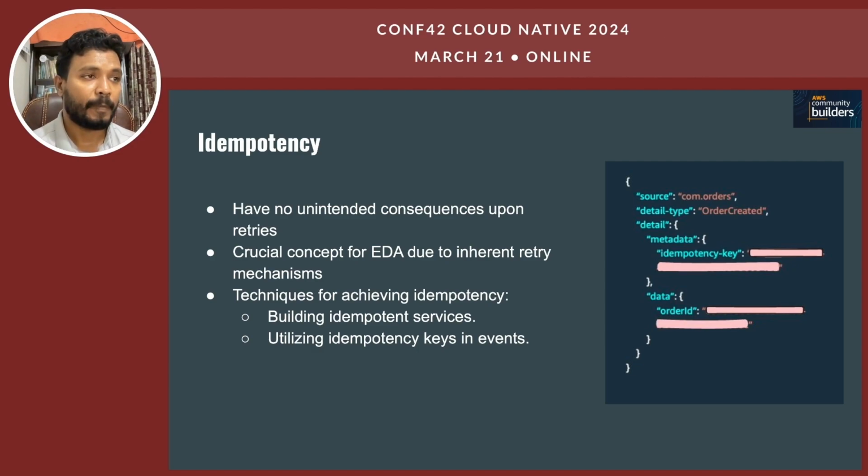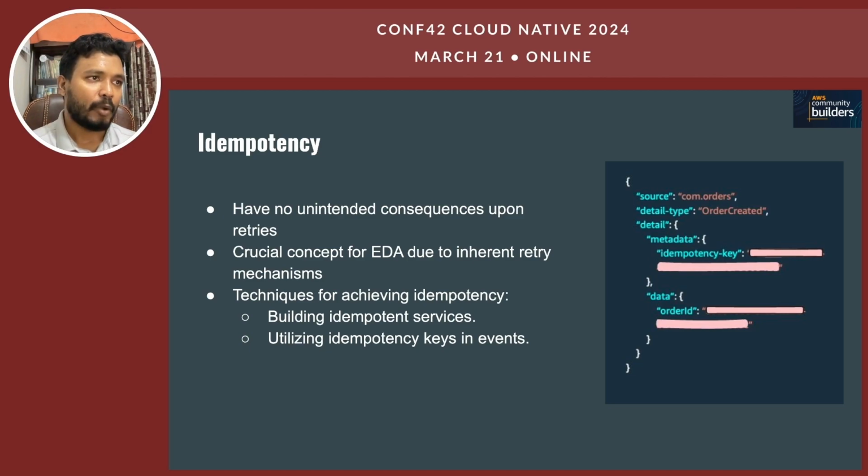For example, let's say a Lambda function is triggered by an order placed event. If the function encounters an error during the initial execution because of a server failure, an internet issue, or anything else, the Lambda service might automatically retry the invocation, right? Without an idempotency safeguard, these retries could lead to serious issues like duplicate orders, corrupted data, and anything else, you name it.